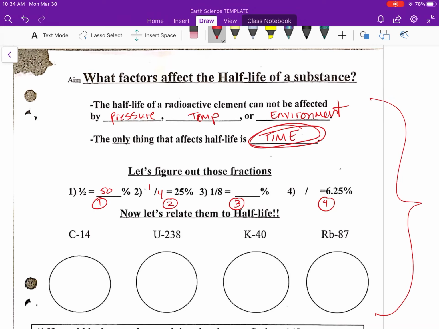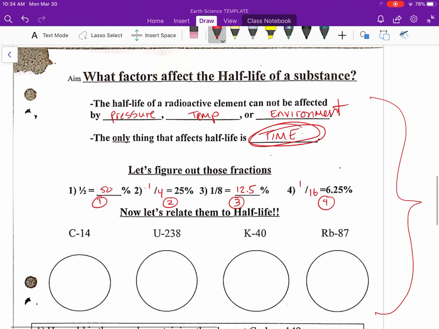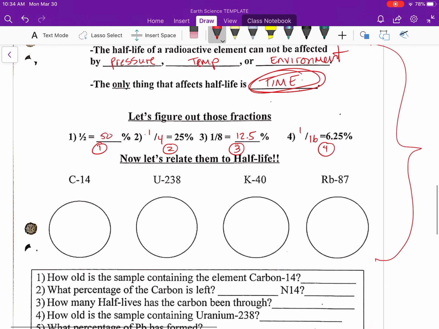So if it's another half-life, 1/8 is 12.5%. And then if you cut it in half again, that's 1/16.